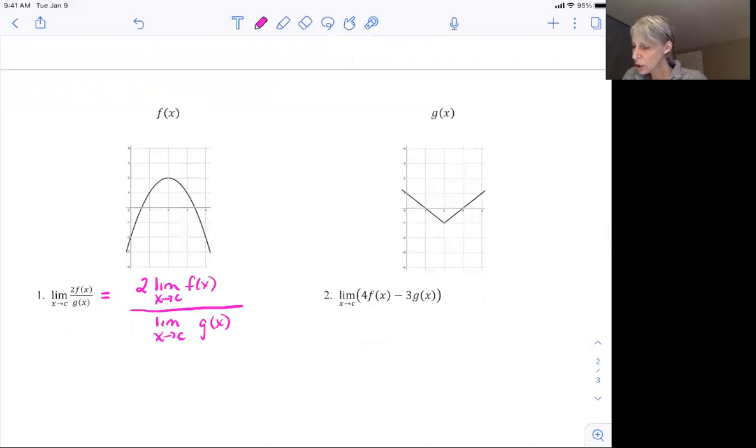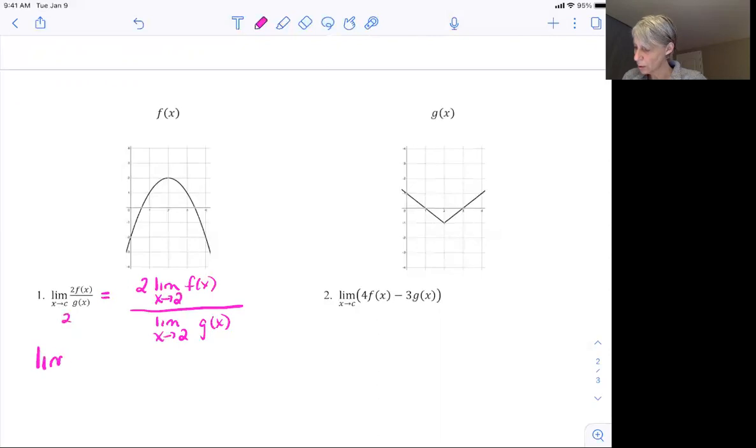And that c should be, let's make it a 2. I'm sorry. We're going to do this, the limit as x approaches 2.